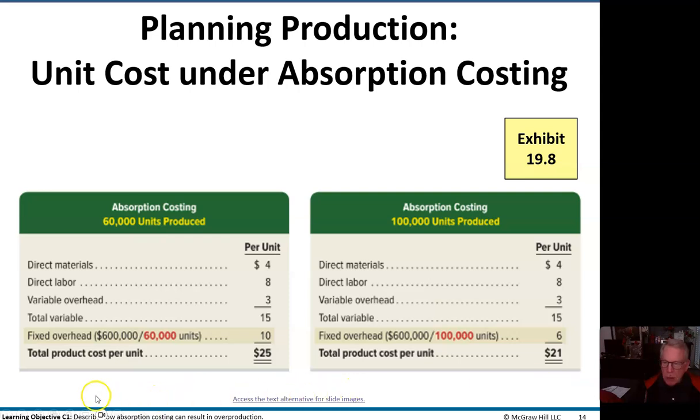But if I look at fixed overhead here, with 60,000 being produced, that gives me a fixed overhead per unit of $10. But if I make 100,000 under absorption costing, that fixed overhead per unit falls to $6 per unit and results in our product cost falling from $25 per unit down to $21 per unit.